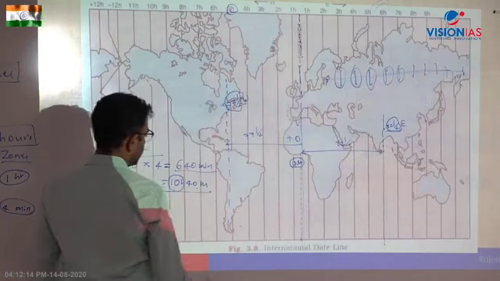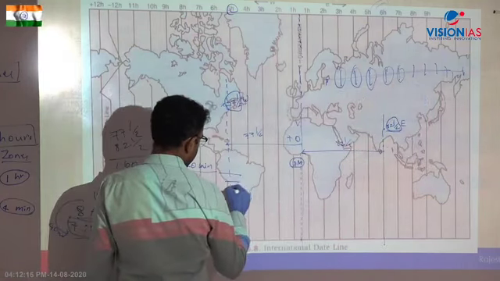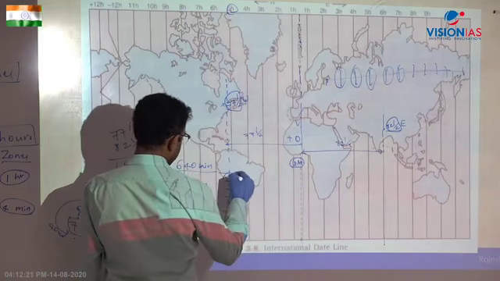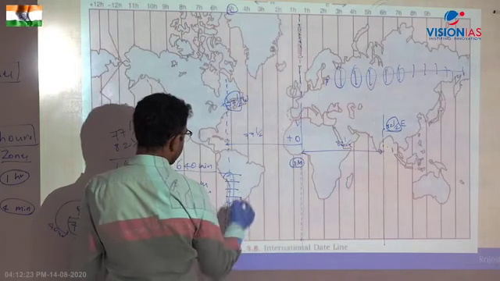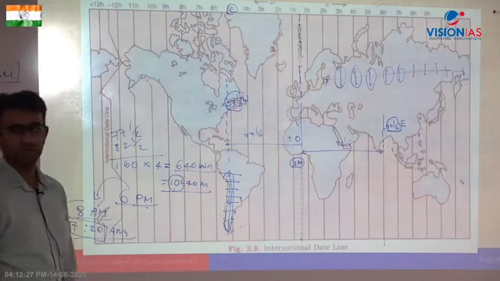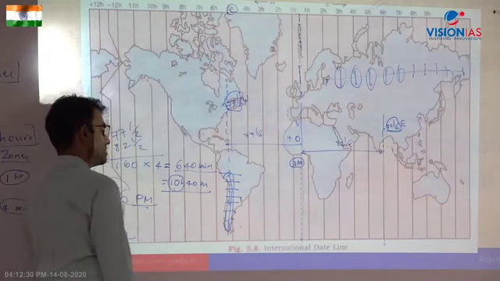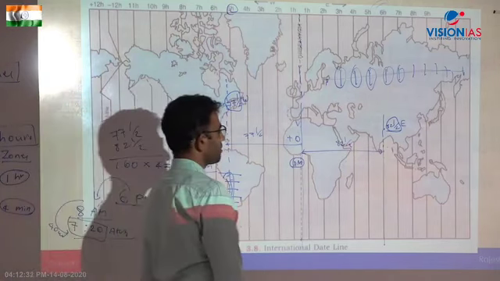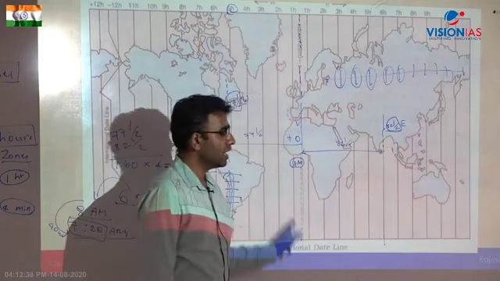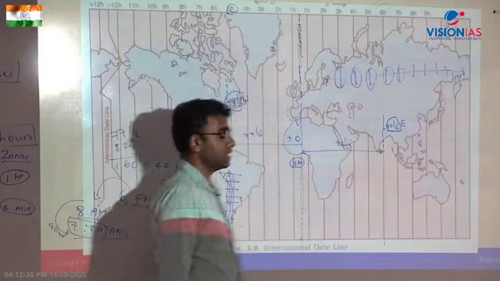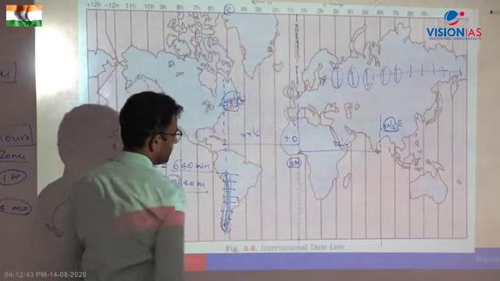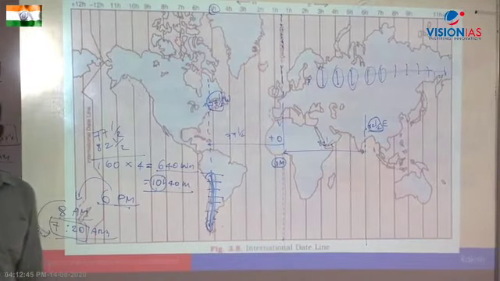Take Chile: it has multiple latitudes but a very minimal number of longitudes. A country with fewer longitudes will have a single time zone.